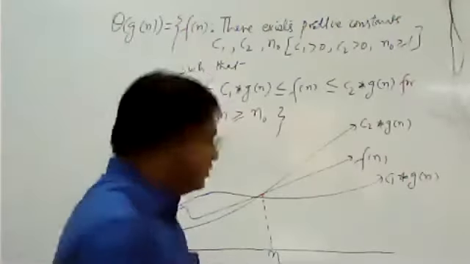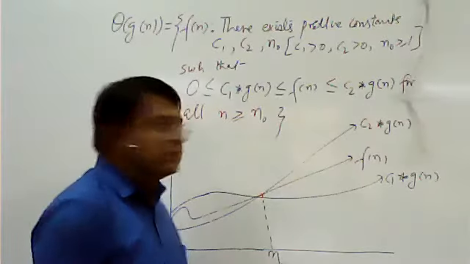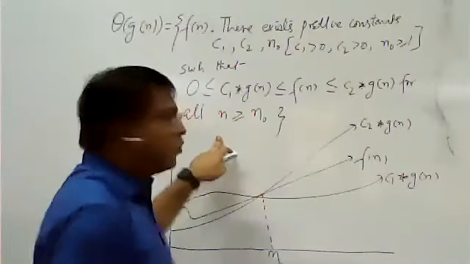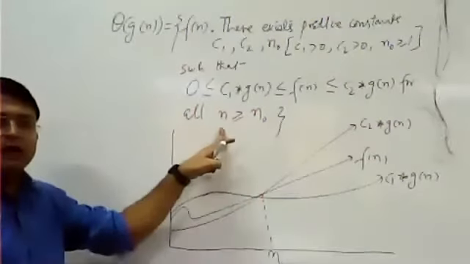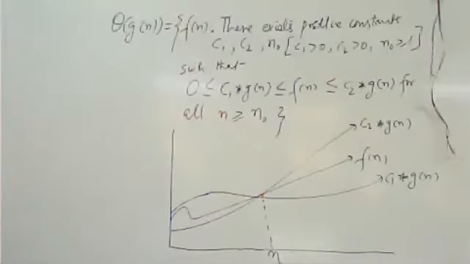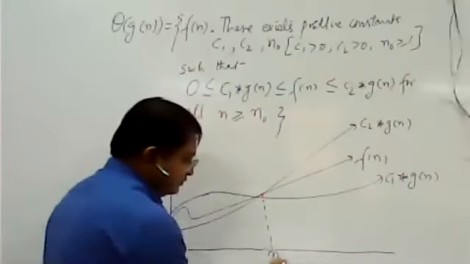Upper, before n, for all. Okay, sir. n greater than or equal to n naught. This is n naught again.